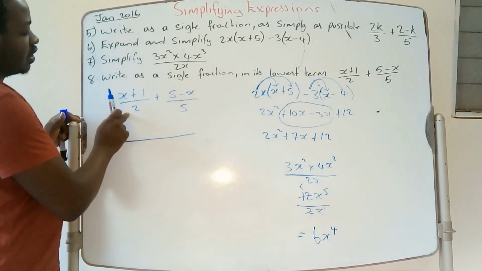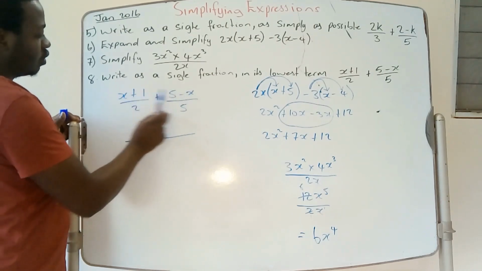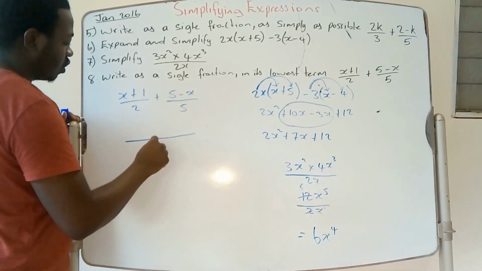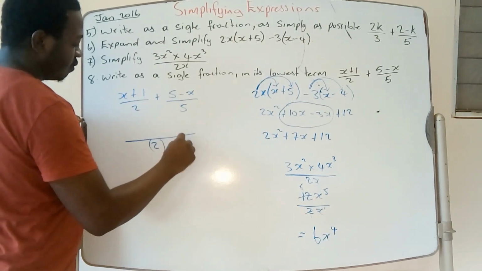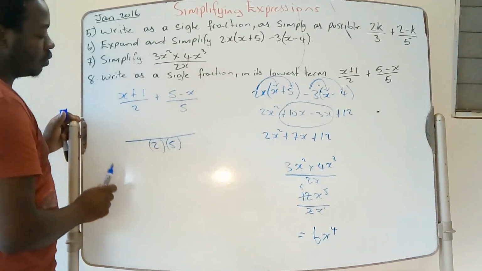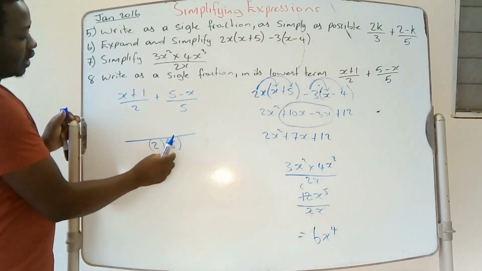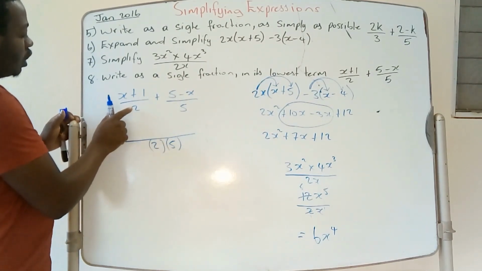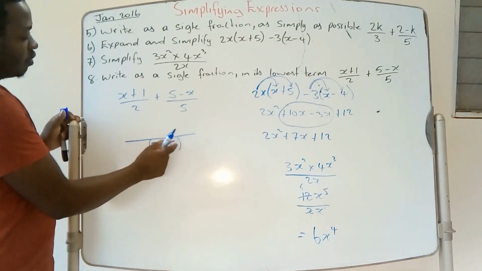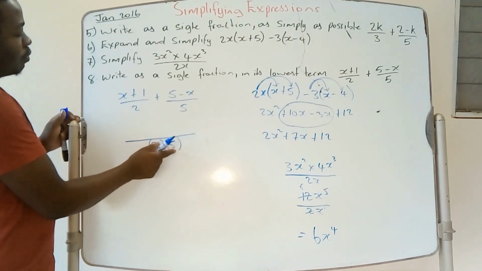An easy way is to multiply the two denominators. So this is just 2 times 5, which is 10. But I don't write out 10, because it makes the division much easier to see. So here, 2 into 2 times 5, the 2 will cancel out, leaving you with 5.